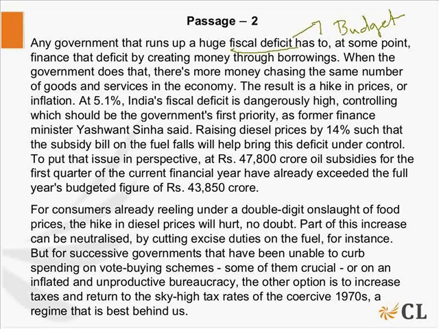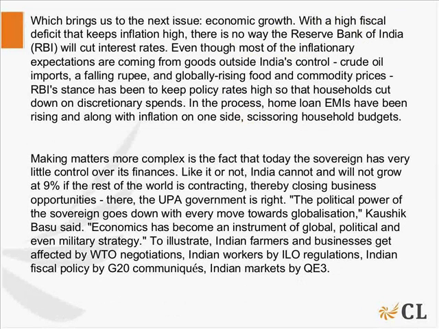Your question number 5 anyways would come from here. Those of you who are looking for the answer. For consumers already reeling under a double digit, it talks about this. Come to this paragraph. Look at this paragraph. It says, making matters more complex is the fact that today the sovereign has very little control over its finances. Like it or not, India cannot and will not grow at 9% if the rest of the world is contracting.